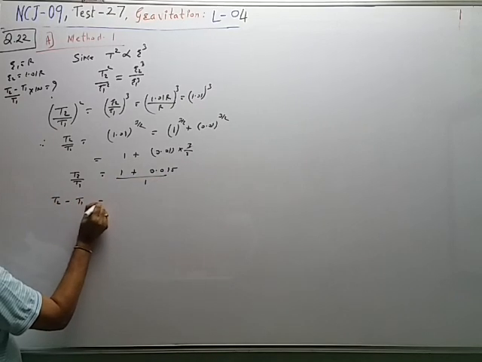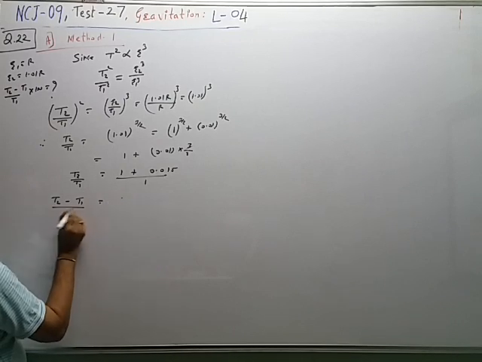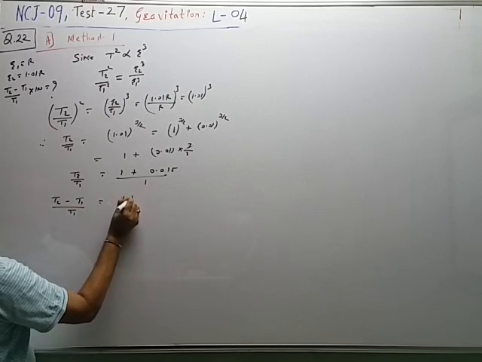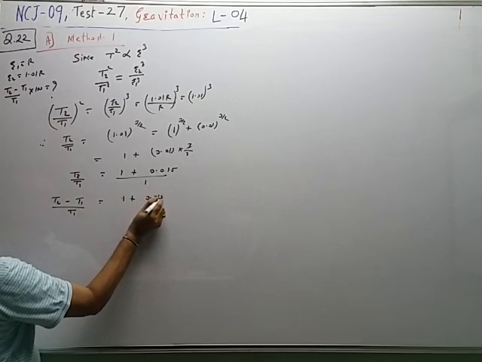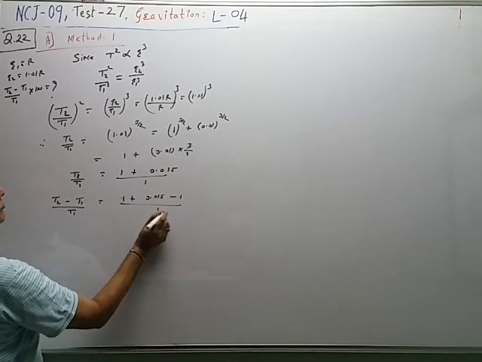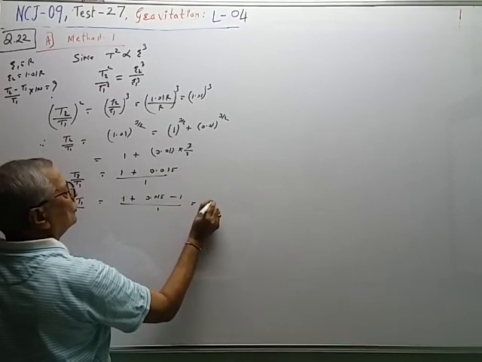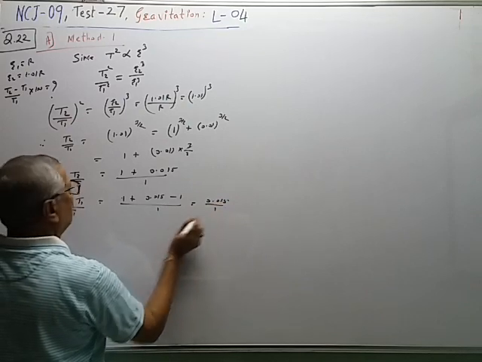So T2 minus T1 upon T1 is equal to 1 plus 0.015 minus 1 upon 1, which is equal to 0.015 upon 1.